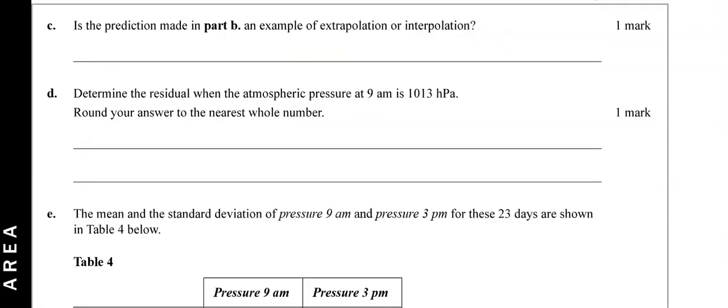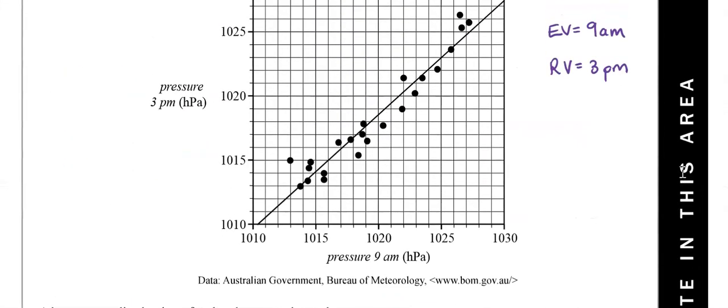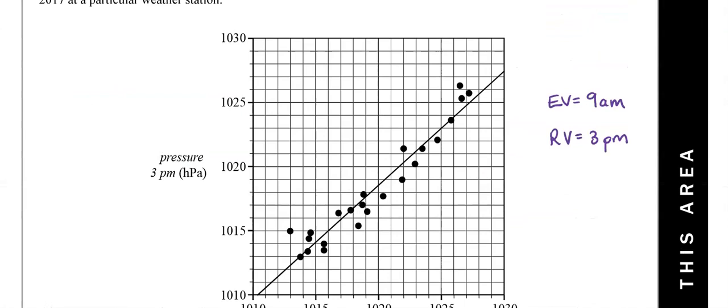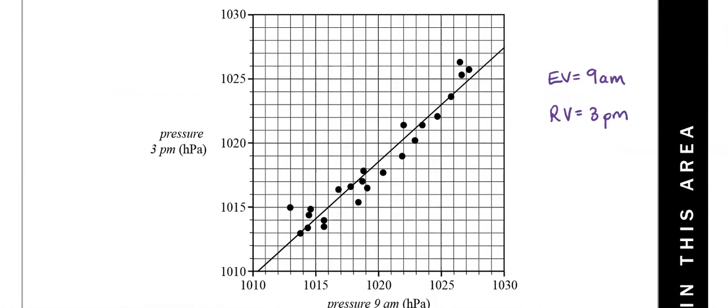Part C now asks us if our prediction that we made in part B is an example of extrapolation or interpolation. In order to make our judgment there, we need to refer back to the original data. The easiest way is to go back to the scatter plot, and we're checking, because we substituted in the value for the EV, the 9 a.m. pressure of 1025.